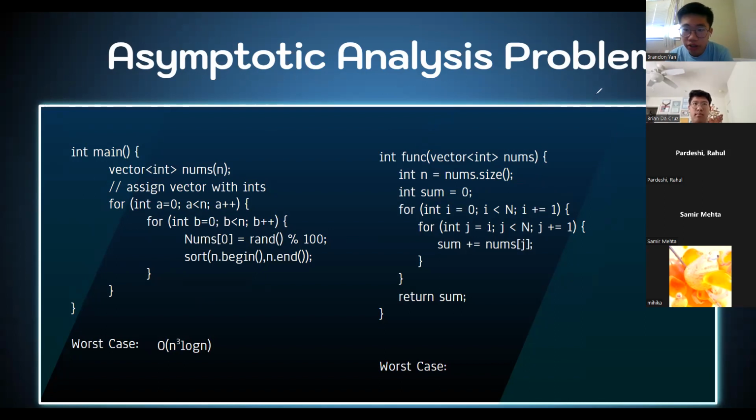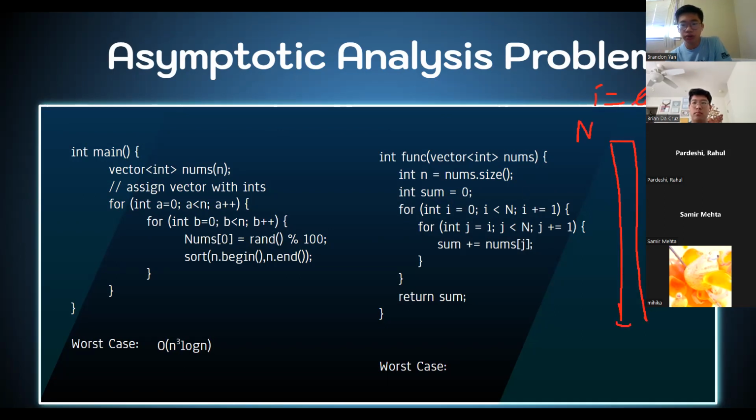Okay, so i equals 0. Let's see what happens. So when i is 0, j is 0, and we're gonna iterate j until it's 1 less than n. Then we'll break out. So we're doing 0, 1, 2, 3, all the way to n minus 1 in the inner loop. So in the first loop, we're doing n operations.